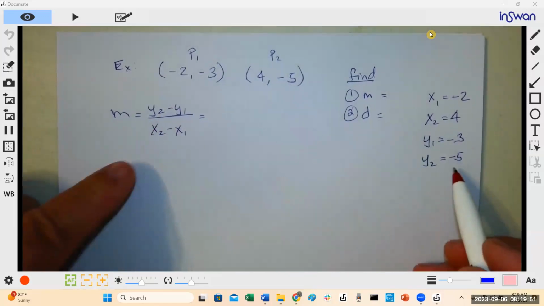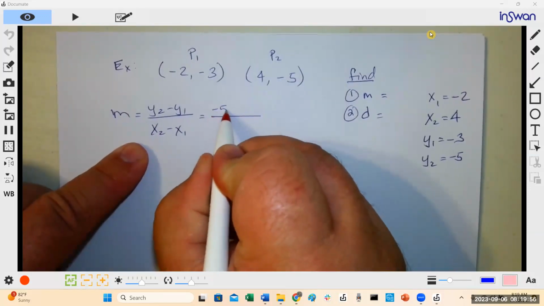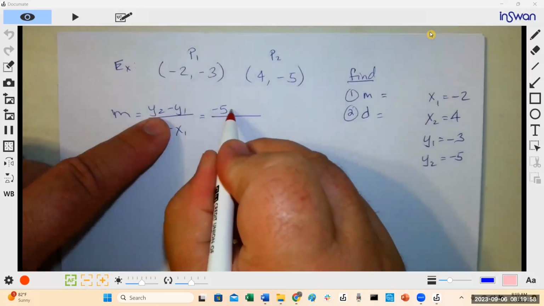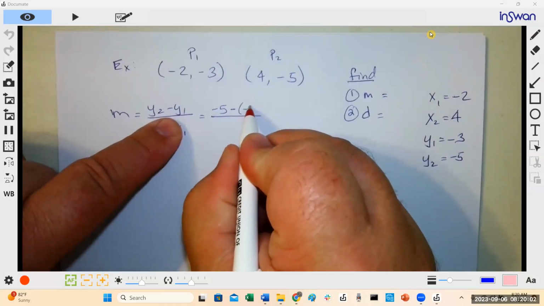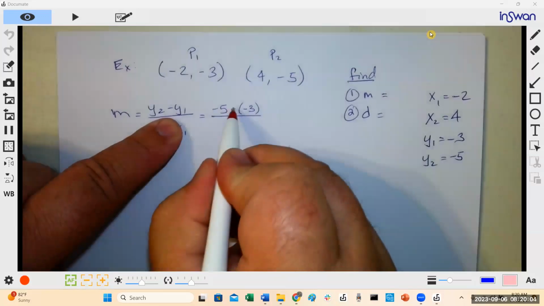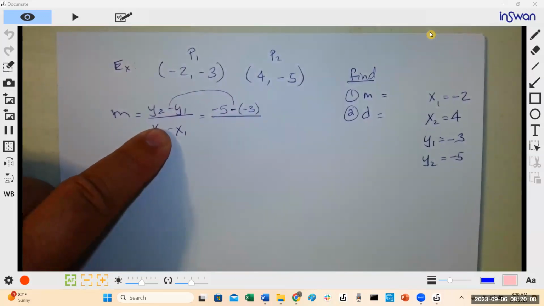So now just look here. Y2 is -5 minus y1. Since it's negative, I put it in parentheses, because this negative is from that equation. It has to stay there.